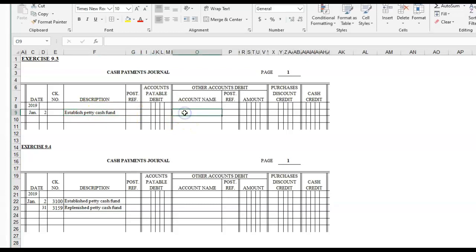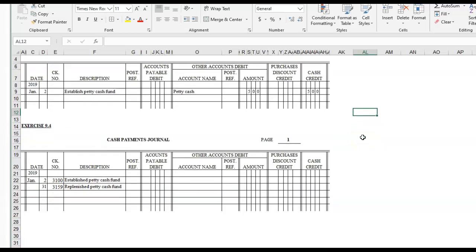The account is going to be petty cash. It's an asset account, so it's a debit, and you're going to use $500. And of course, you wrote a check for that, so the cash goes down by $500. And that's it. Nothing too hard.